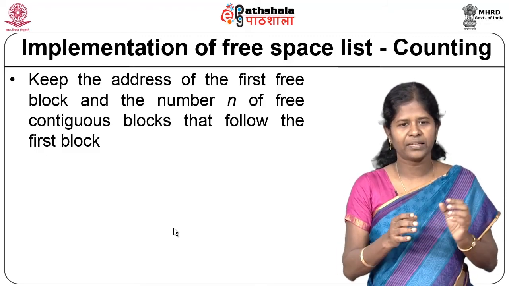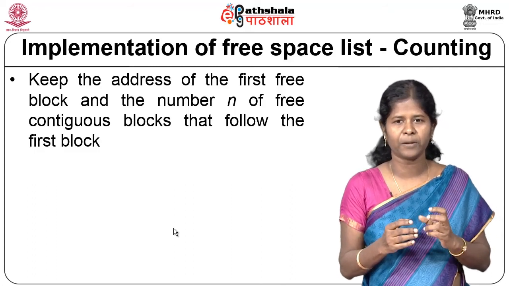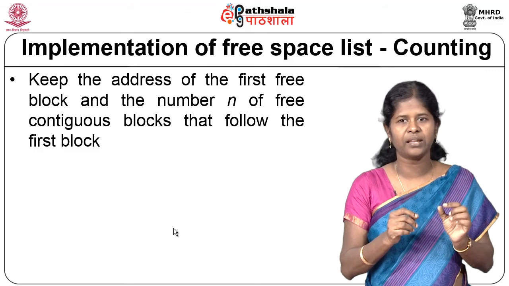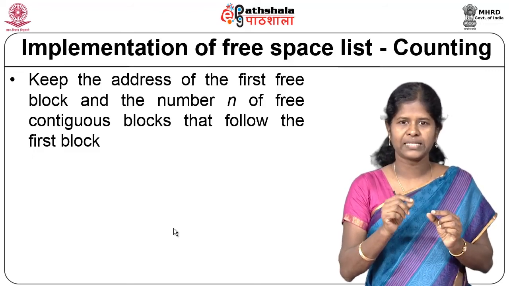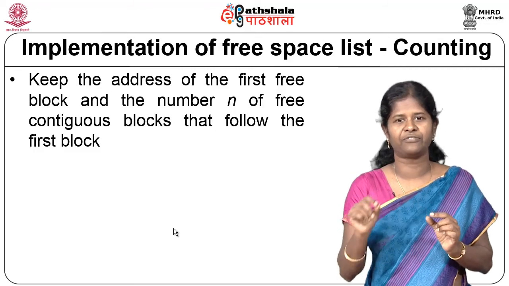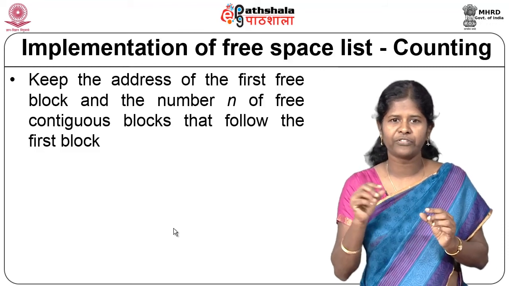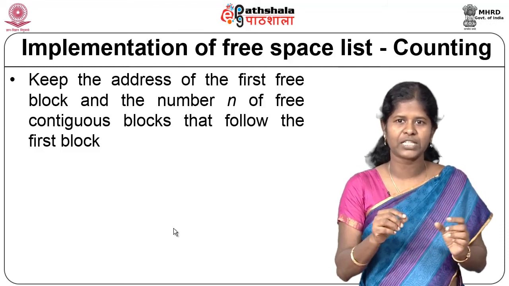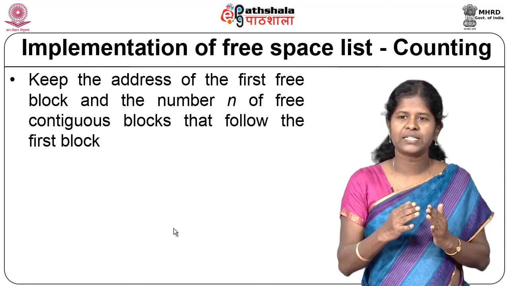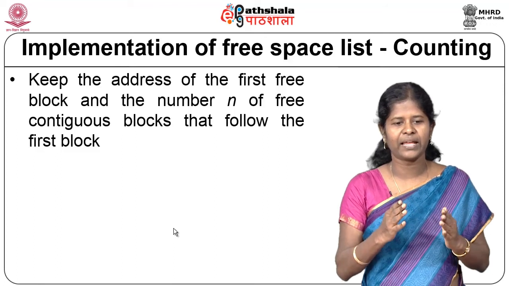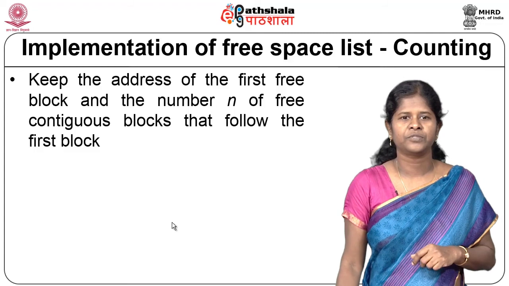Rather than that, you can keep the address of the first disk block and say how many contiguous disk blocks are free after it. Say disk block 5 through 10 are free; you maintain 5 and 6.